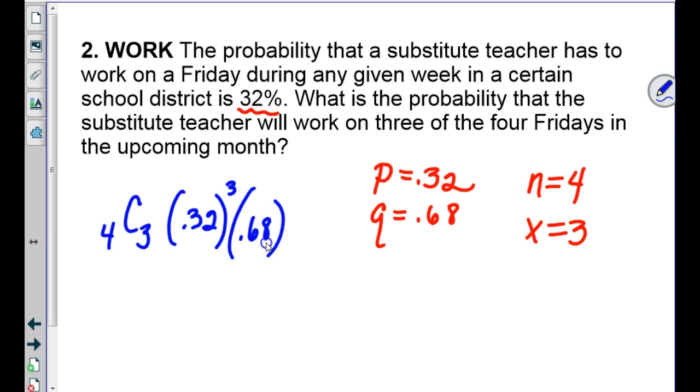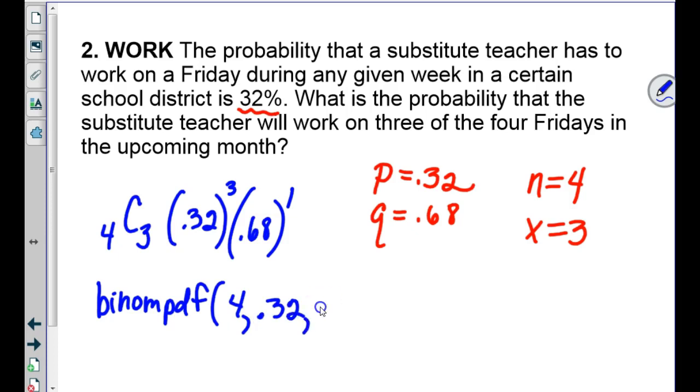If she wants to work 3 out of 4, 1 failure. Okay, so we could do it that way. If we're doing Binomial PDF, we are going to put in, what does it ask for first? Number of trials, and then probability, 0.32, and then number of successes, I think is what it's going to ask.